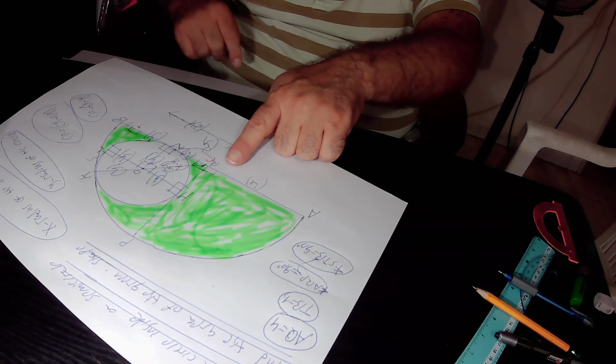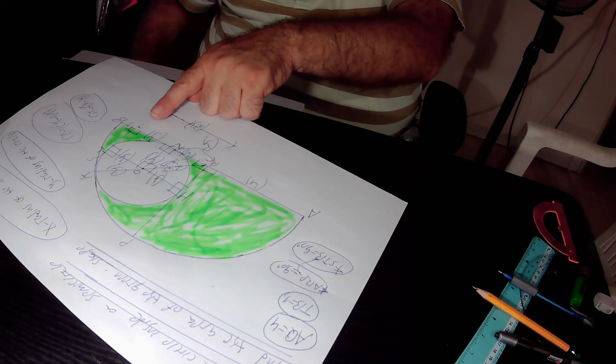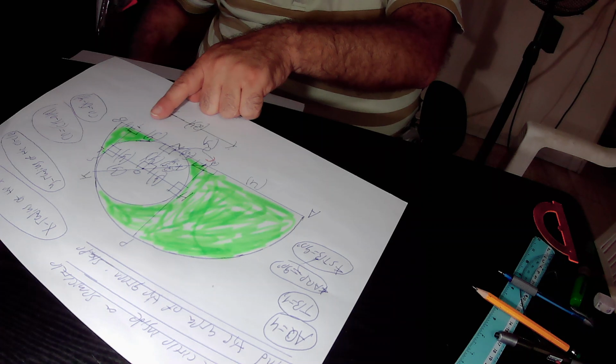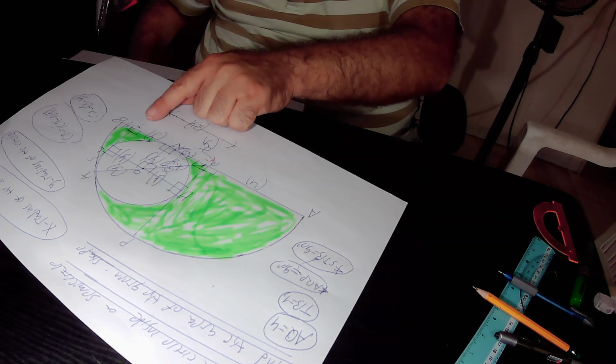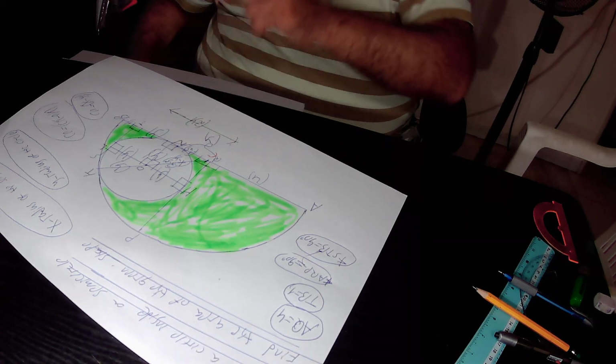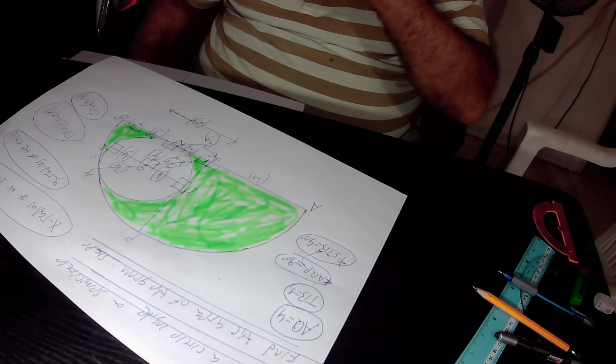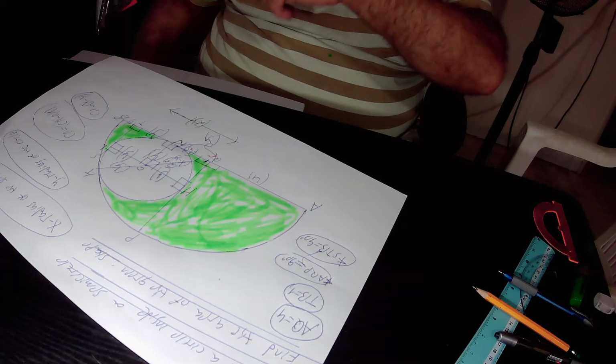This is angle PQA, a right angle. This is angle STQ, and this is angle STB, which is also a right angle. Our task is to find the area of this grain shape.